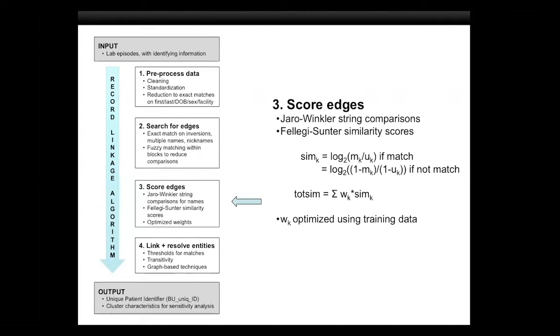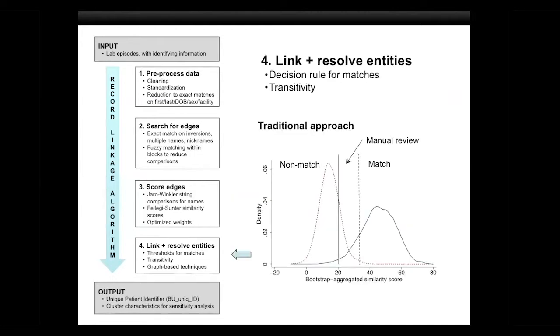The traditional approach to determining whether something's a match or not is to identify a lower threshold, a higher threshold, and an area in the middle, which would be held back for manual review. Well, our problem is big enough that it was not practical to do manual review here.